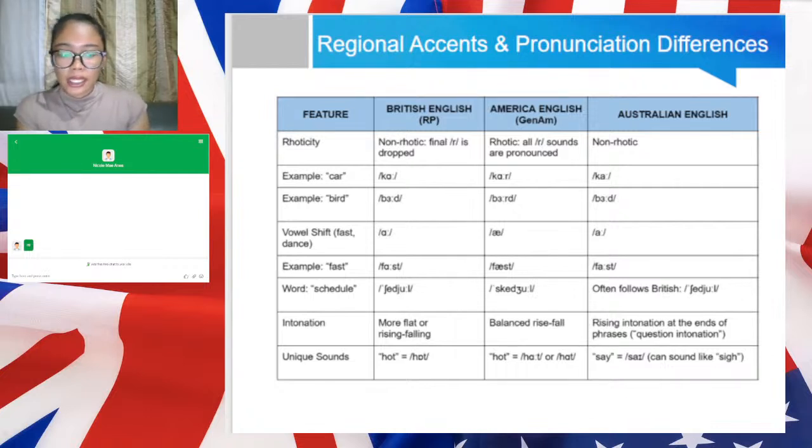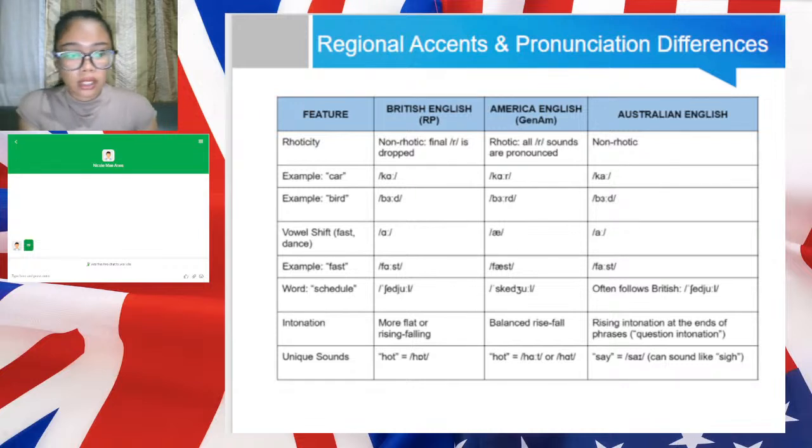All right. Now, the first big difference is something we call rhoticity. Rhoticity is how we pronounce the letter R sound, like the sound at the end of words or before consonants.